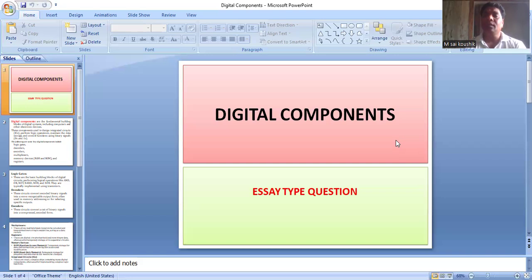With the help of these two digits, the normal language will be converted into binary language, and the binary language will be converted back into plain or normal language. Normal to binary, binary to normal. This is the structure of the components of the digital computer.